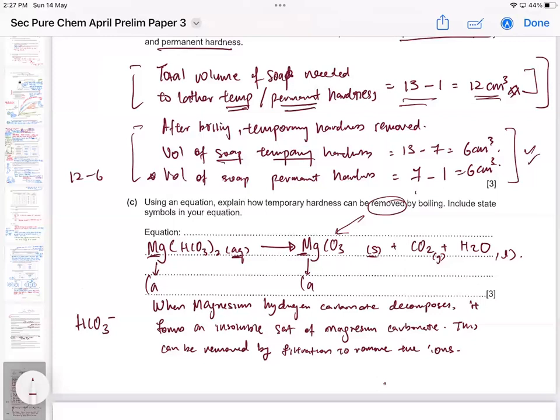You said you're on propane now, that means have you drawn isomers yet? Have you done isomerism? Okay. And next week we are starting with.